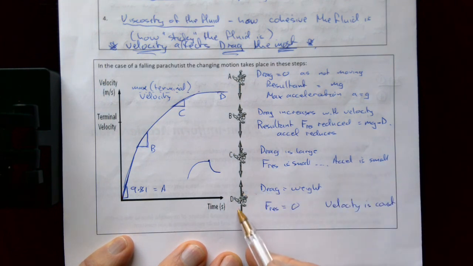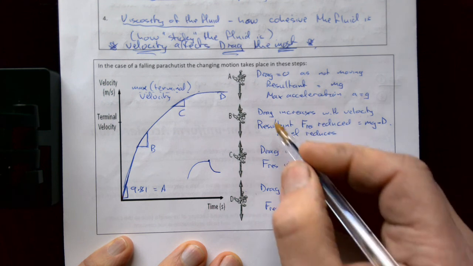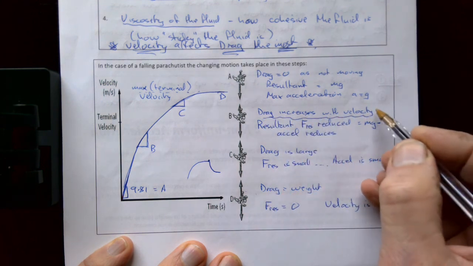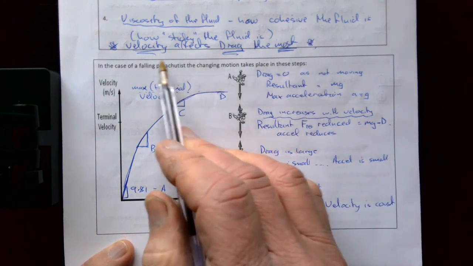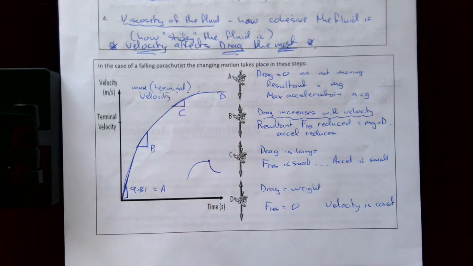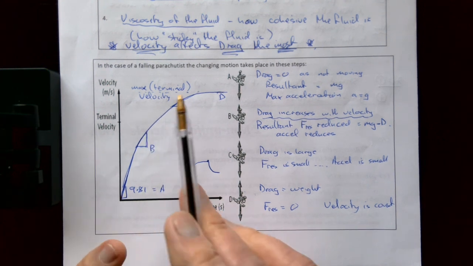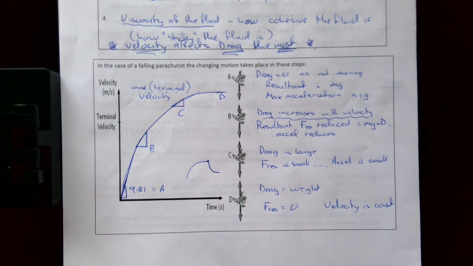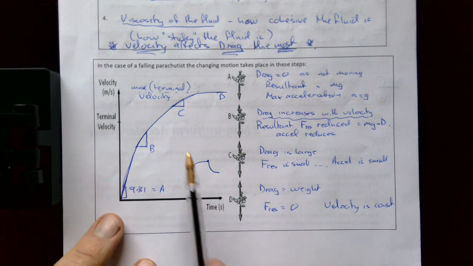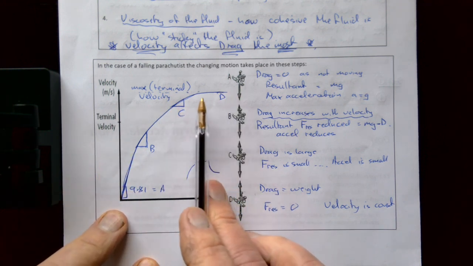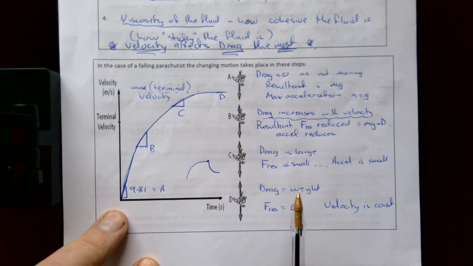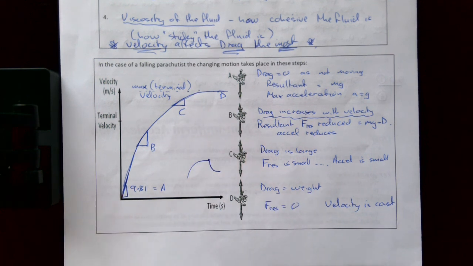The weight never changes. Okay, the drag depends on velocity, and that's your key point from here. Okay, so put those together. Falling or in a car, you're always going to get, for example, a maximum velocity in a car in a certain gear ratio and all the rest, and a certain power engine. That's limited by the fact that it's all to do with drag. Okay.